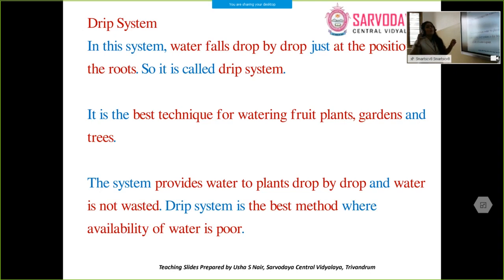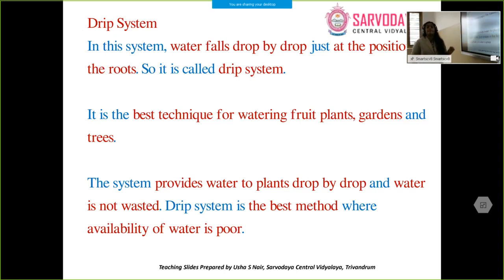In this system, water drips, drip, drip, drip, or drop, drop, drop. So water falls drop by drop at the position where the roots are. Slowly, drip, drip, where it drops at the position of the roots.